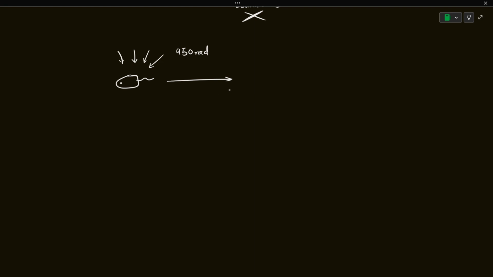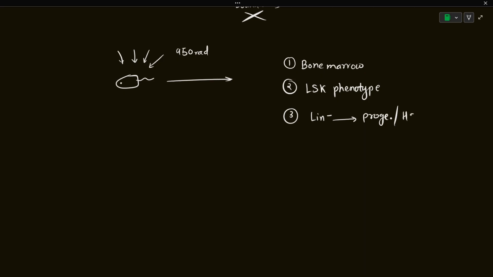For rescuing this mice from this fatal condition, we can either infuse it with normal bone marrow cells, or we can introduce LSK phenotype cells, meaning the hematopoietic stem cells, or we can also introduce the Lin negative cells, meaning the cells which do not have these Lin markers, which could be either progenitor cells or hematopoietic stem cells.